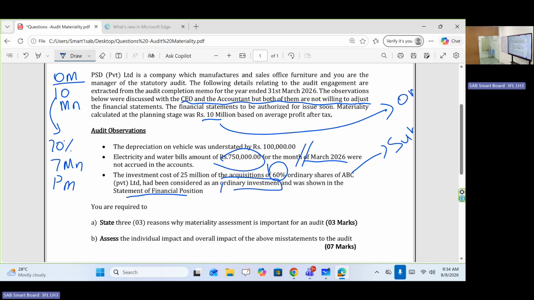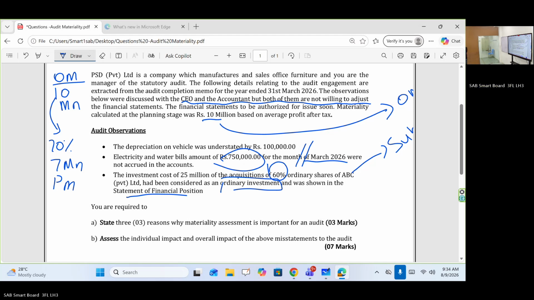So number 1, the right answer: to assess the risk of material misstatement. You don't need to explain, just state it.